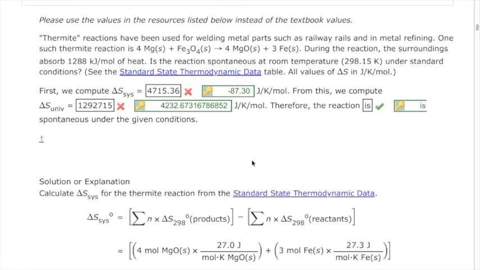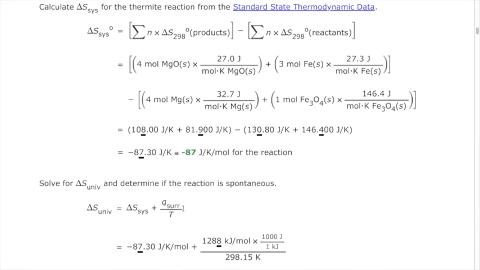So in this case, as we see here, we can calculate delta S universe by adding up delta S system, and in lieu of delta S surroundings, the way we're going to calculate that, and this is an important calculation for you to be aware of, is we can take Q, again the change in heat of the surroundings, divided by temperature, and that will give us the entropy change for the surroundings.